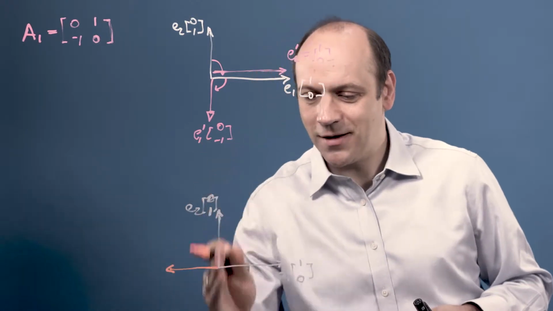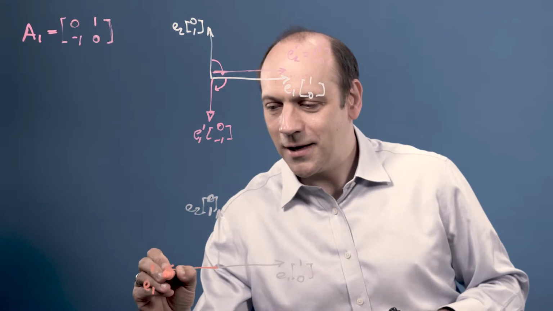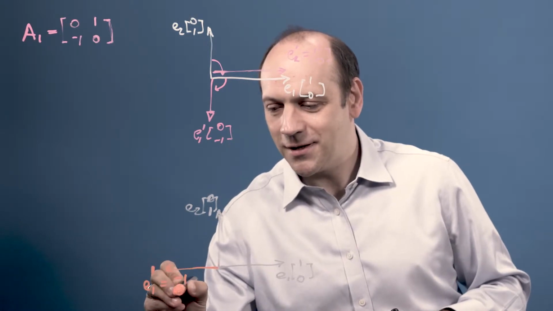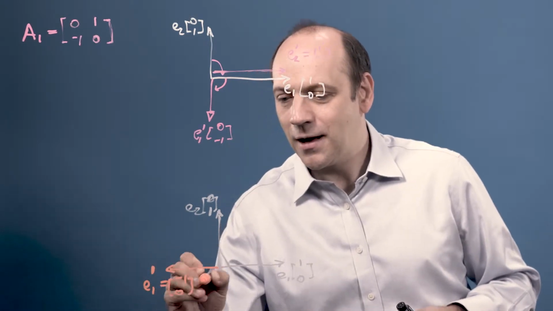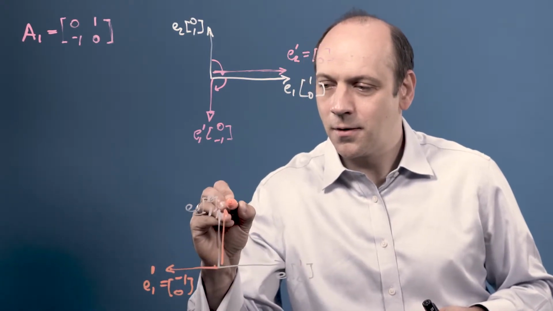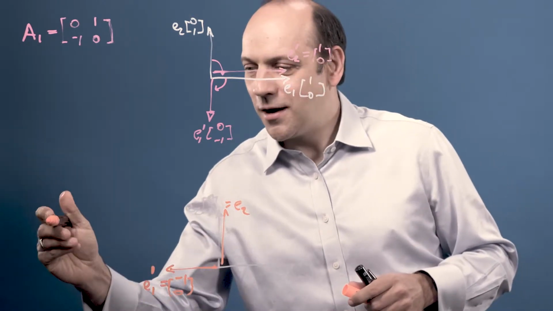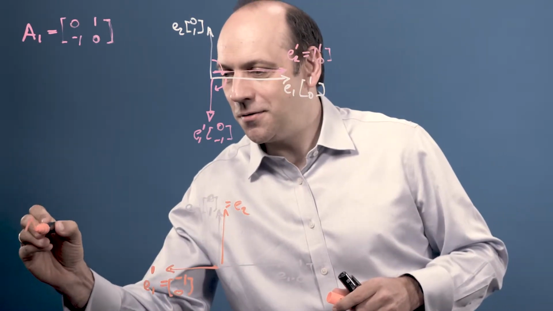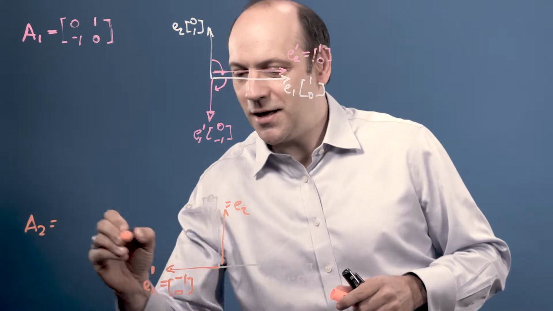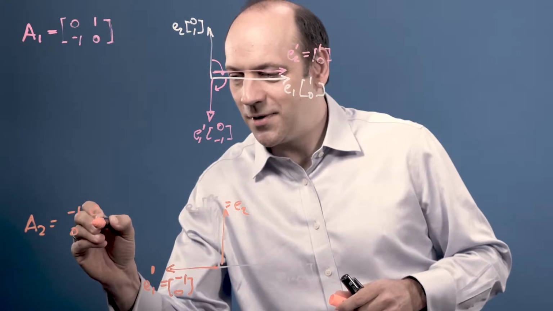A vertical mirror moves E1 to E1 prime, which is going to be (-1, 0). And it's going to leave E2 where it was, if I just reflect vertically. So my transformation A2 now is going to be (-1, 0), and it leaves the other one the same, (0, 1).